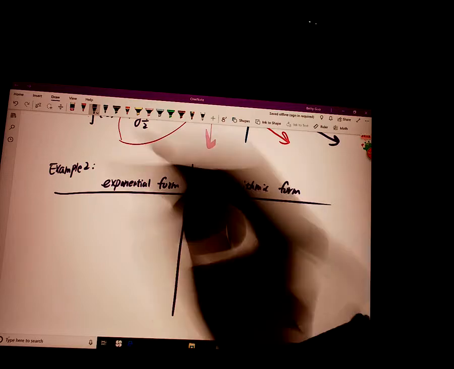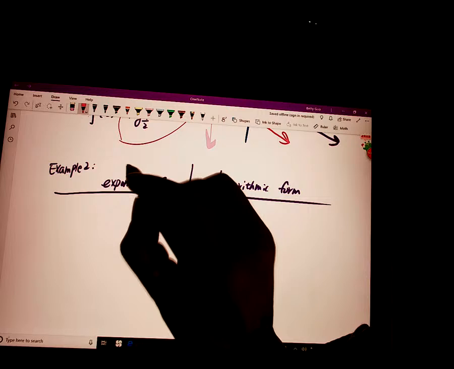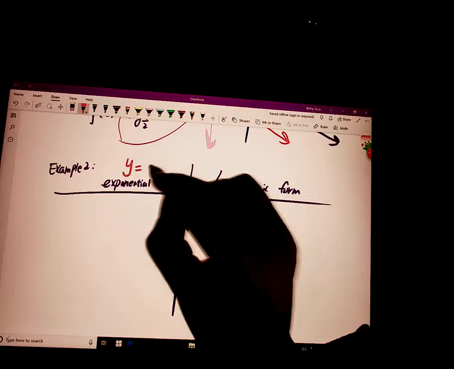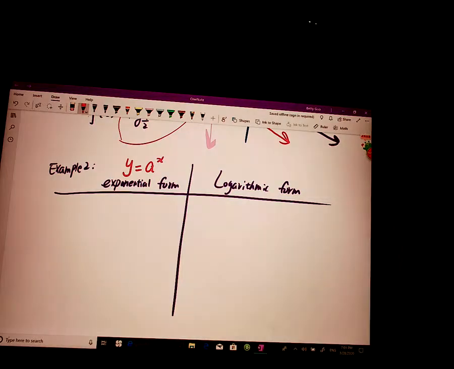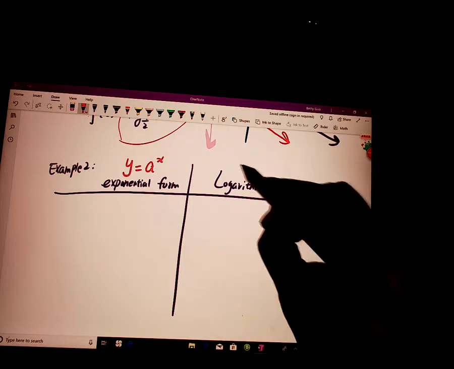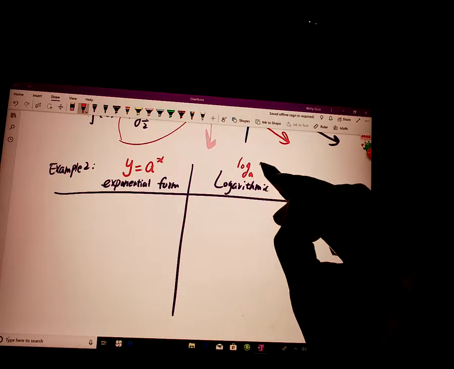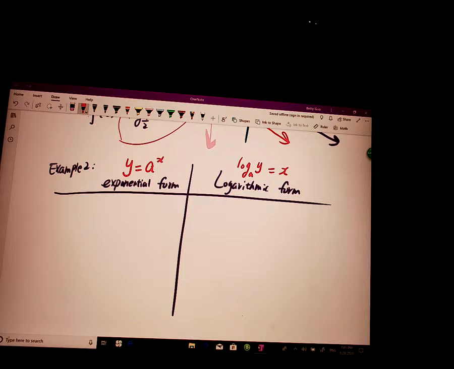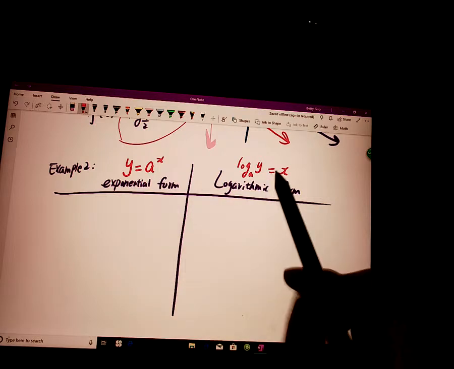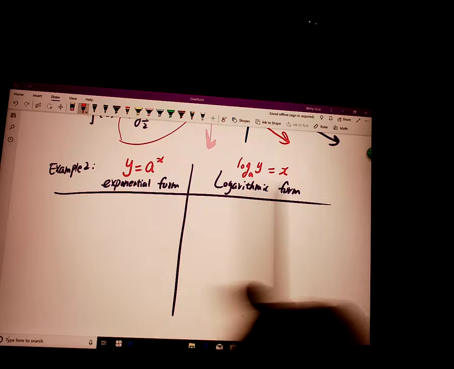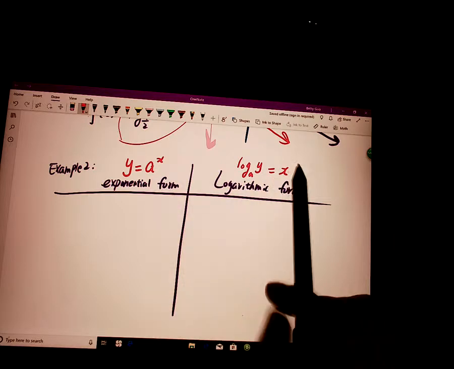So if I give you an equation, let's say y equals a to the power of x, that is equivalent to log with base a of y equals x. Remember, because they are inverse functions, those two equations are the same equation in different forms.